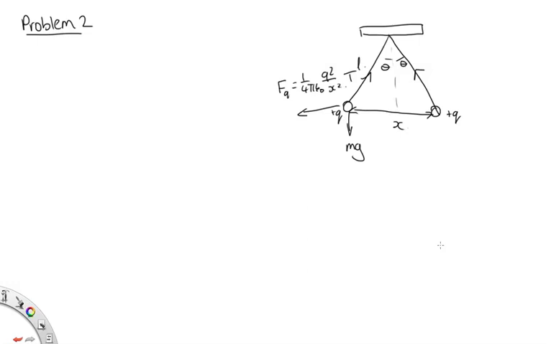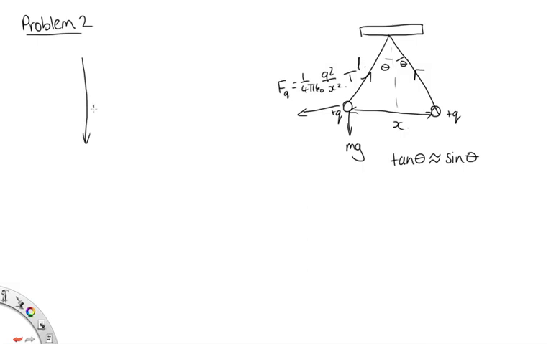Okay, and what we're asked to do is find an expression for x here, and we're told that we can assume that tan theta is approximately equal to sine theta as theta is small. So to answer this, we actually need to consider the geometry of a couple of things. One, how the forces are related, and then secondly, how these distances are related. So let's draw a diagram showing all the forces.